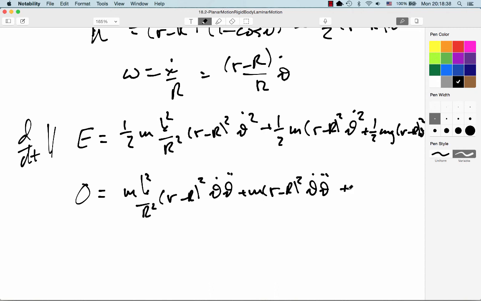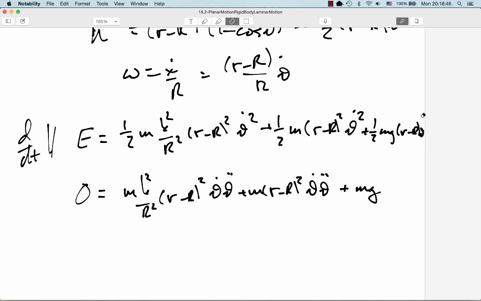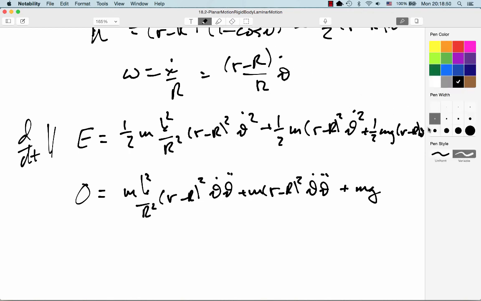plus mg. I'm sorry, this is R minus r there. No need to square. Oh, I'm sorry, that's the theta that's squared there. Okay, there we go. So this is mg (R minus r) theta theta dot. All right, so we can cancel all the theta dots.